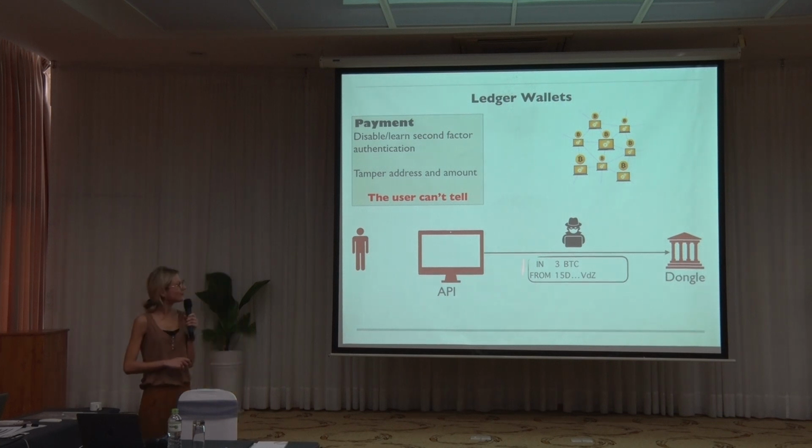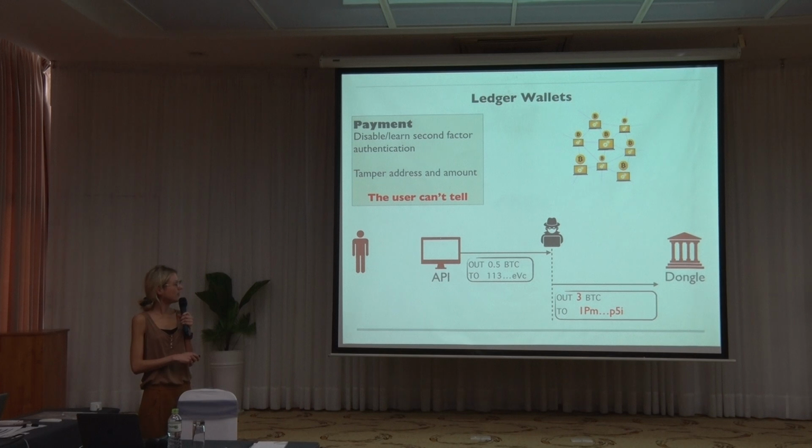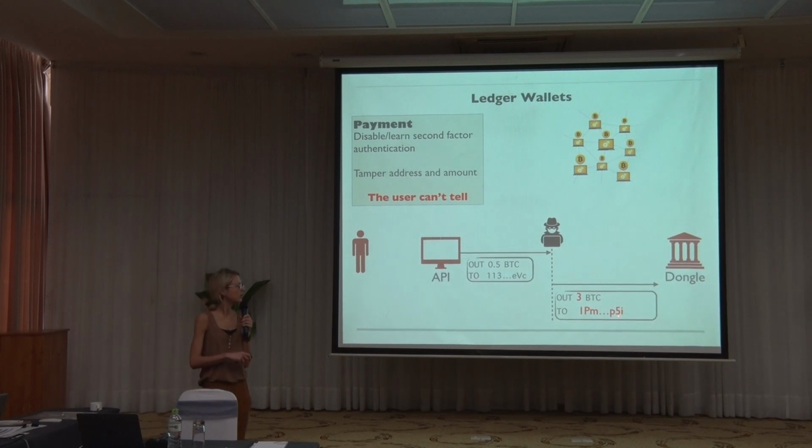The adversary sees that the user has 3 Bitcoins available, but doesn't do anything. Then the API sends the outputs to the dongle. The adversary, sitting there, relays the communication, changes the address and the amount, and requests the full amount of all the funds of the account, providing his own address.